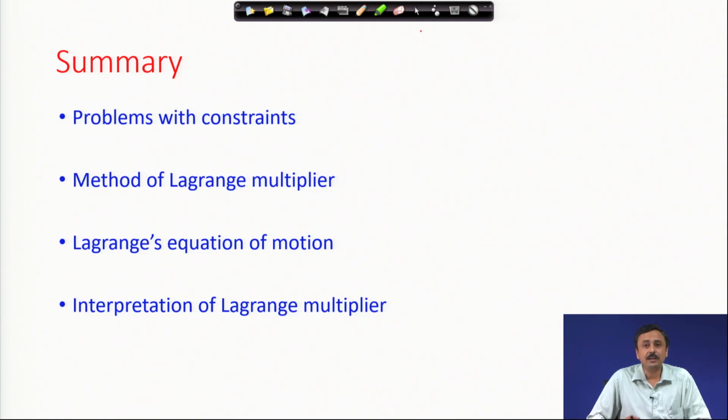And finally, we discussed the interpretation of the Lagrange multiplier, how that can be used to find out the constraint force. Remember that the Lagrange multiplier need not be the constraint force. Lagrange multiplier is proportional to the constraint force. So, with that I will conclude this lecture.